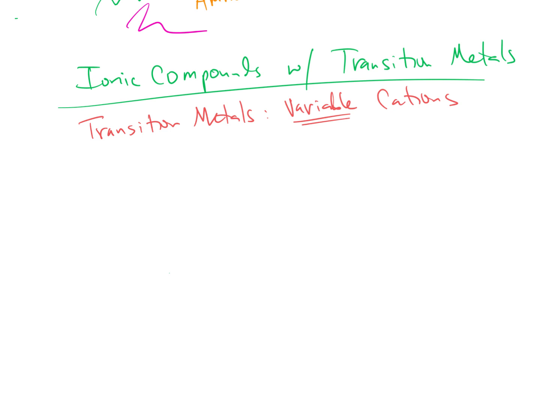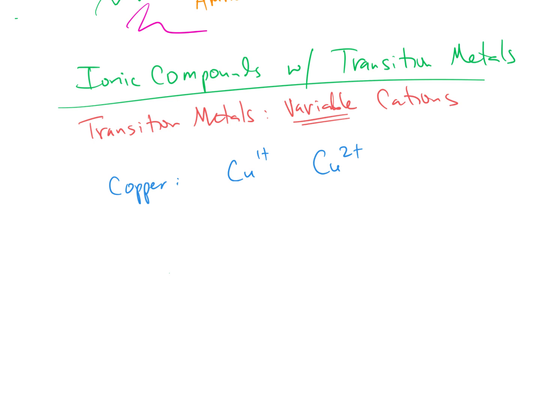So, should I have you memorize all these? No, I'm not going to. Why? Oh, because that's dumb, right? I don't even memorize them. But for example, for copper, we have copper 1+ and copper 2+. You don't have to memorize this. I'll just show you how you figure this out.